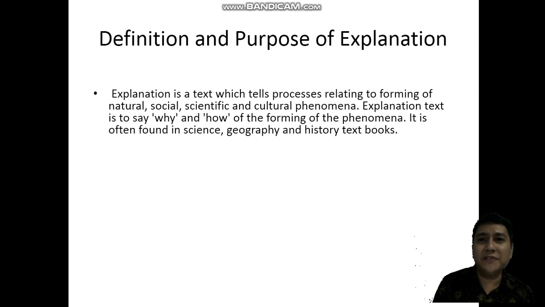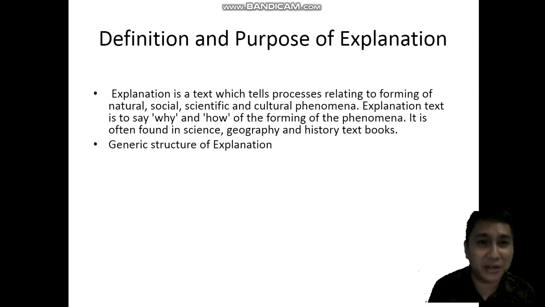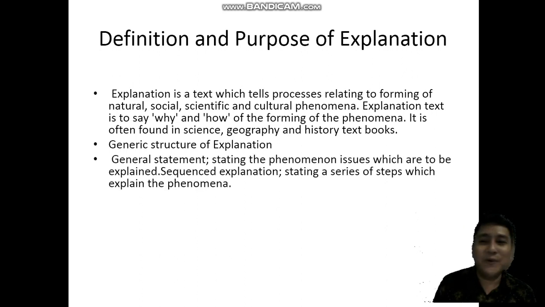And the purpose of explanation text, okay, we discuss the generic structure first. So we have several generic structures here. The first one is general statement, stating the phenomenon or issues which are to be explained, and sequence explanation, stating a series of steps which explain the phenomena.